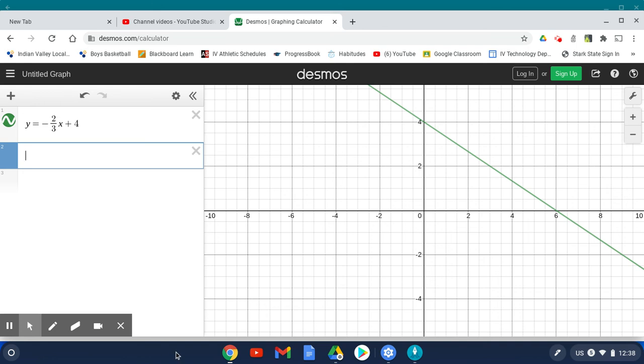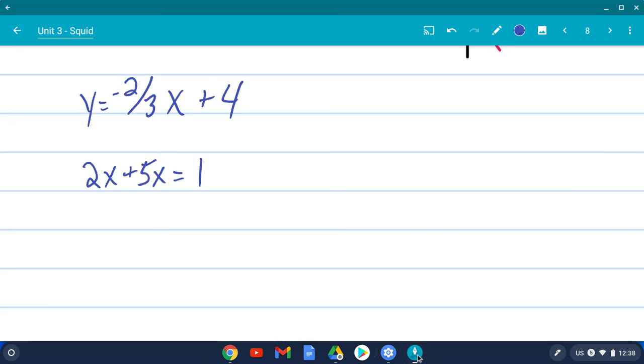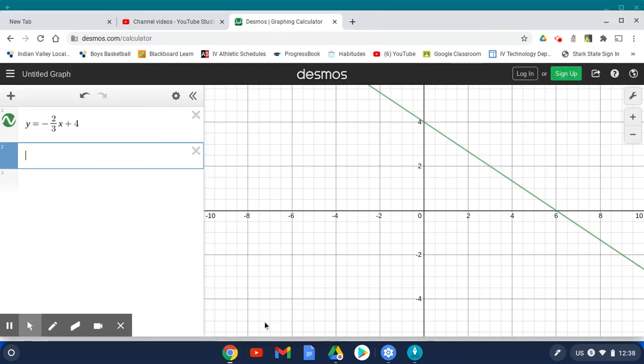Isn't Desmos amazing? And the second equation was 2x plus 5y equals 1. And it graphs it for me.